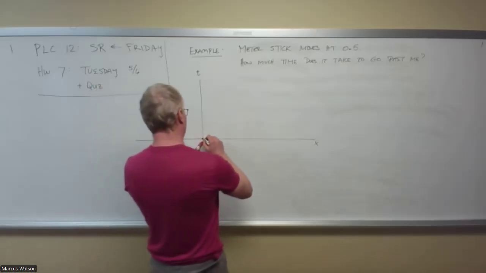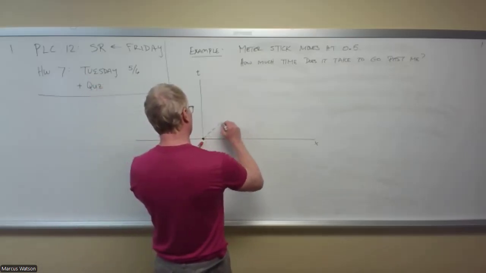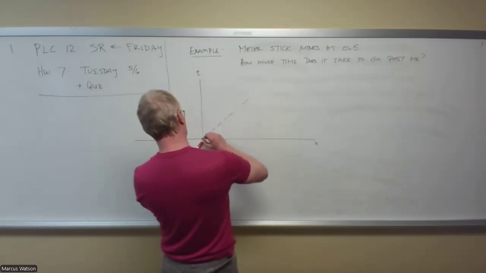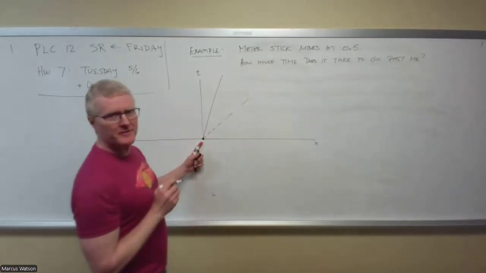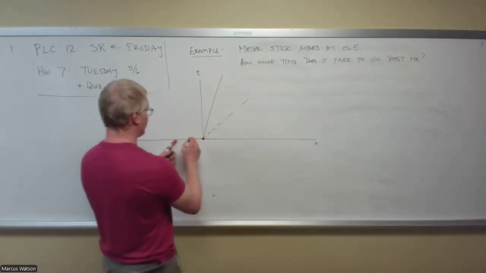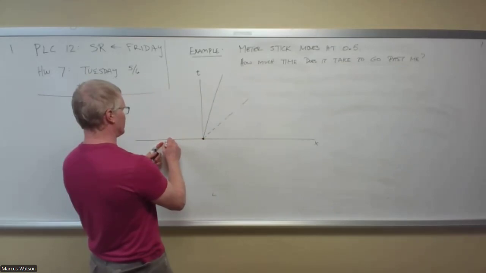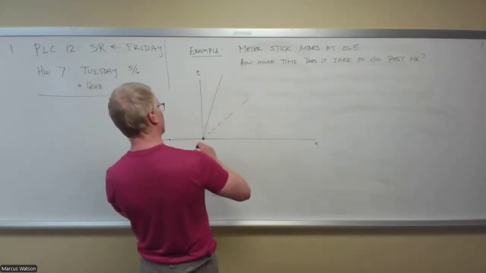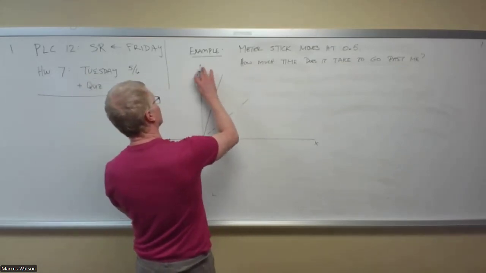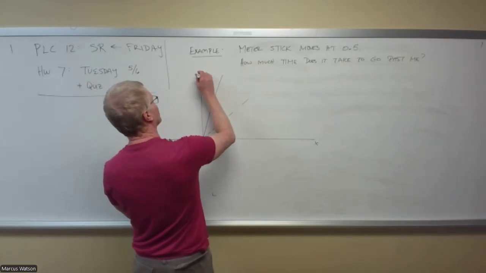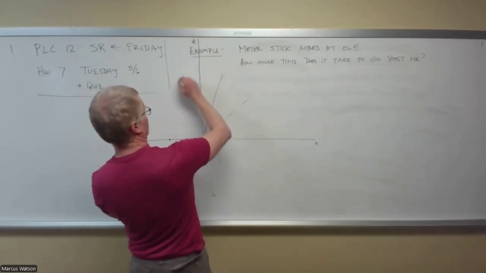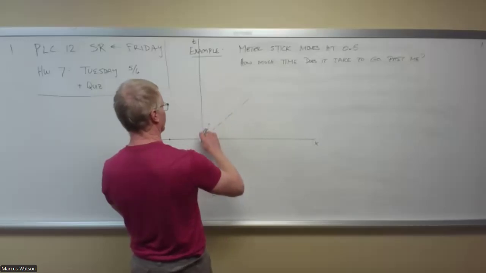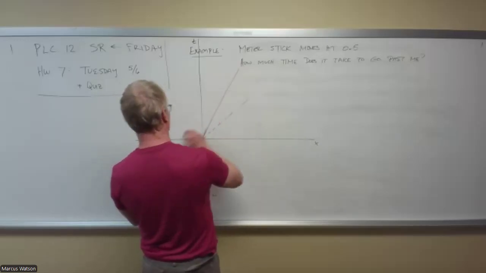So moving at 0.5, here's my 45 degree line. Moving at 0.5 is probably something like that. There's the front of the meter stick. The back of the meter stick is over here, doing the same thing. I'm going to incline this a little bit more.